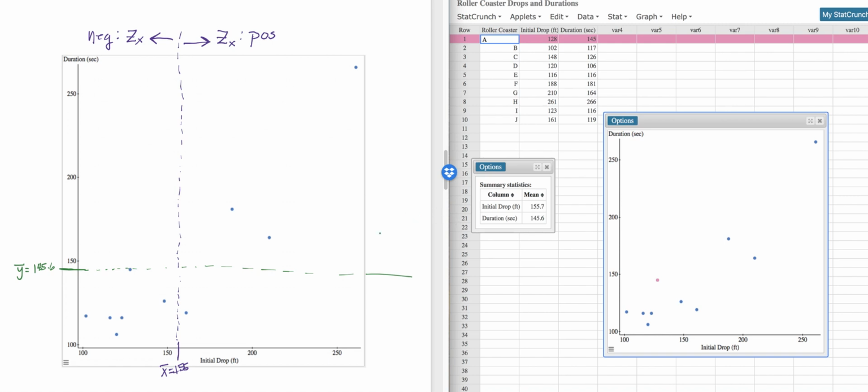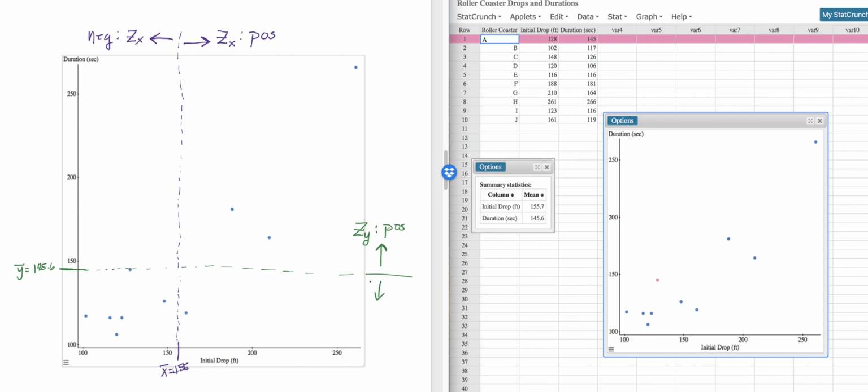Okay, so now all of the ordered pairs that are above this line are going to have a z-score for their y coordinate that is positive, because all of those durations are larger than the mean of 145.6.